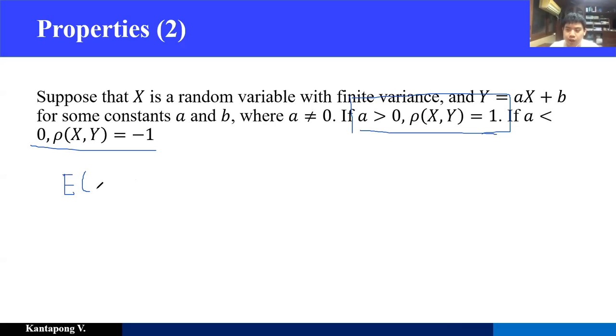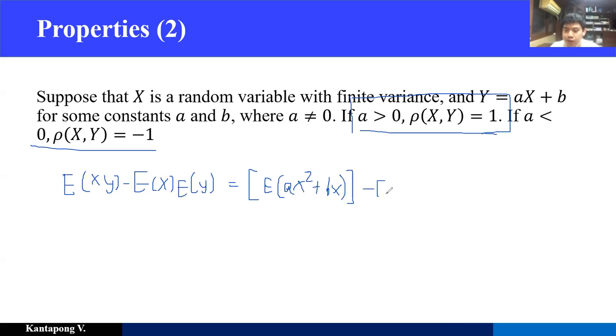Covariance is E of xy minus E[x] times E[y], which is equal to E of ax squared plus bx, minus E of x times aE[x] plus b.